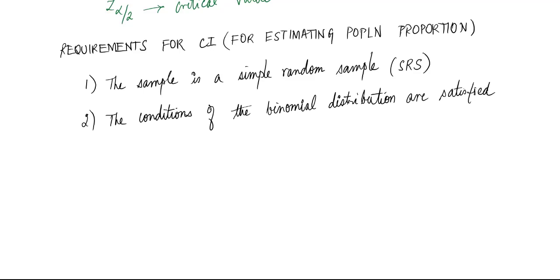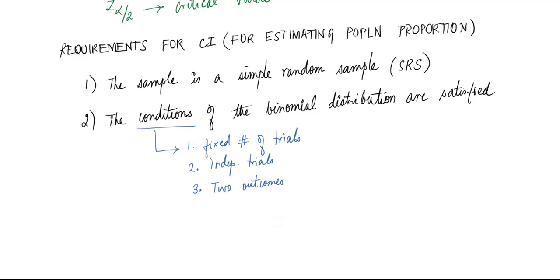If you go back to that, there were actually four underlying conditions that had to be satisfied. One was you had to have a fixed number of trials. Two, the trials were independent. This is from the binomial lesson, so you can go back and check there. And there were two outcomes only: success, failure, yes, no, true, false.